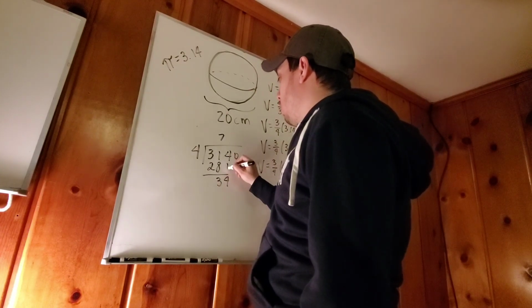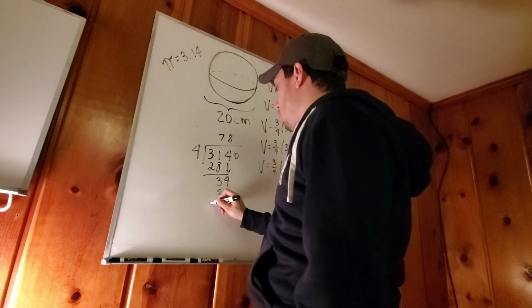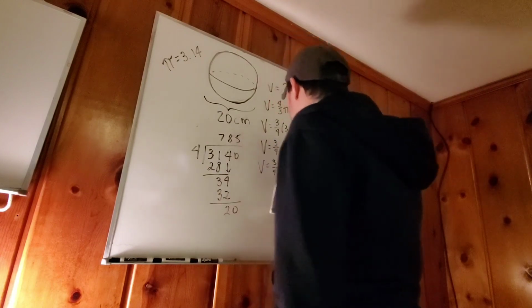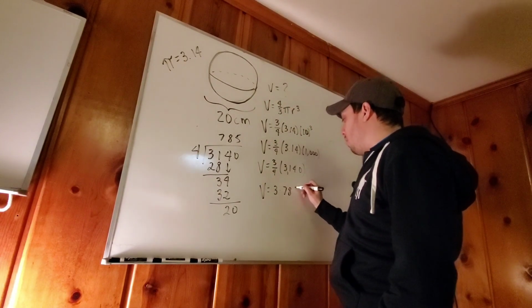And into 34 is 8, 32. And into 20 is 5. So volume is 3 times 785.